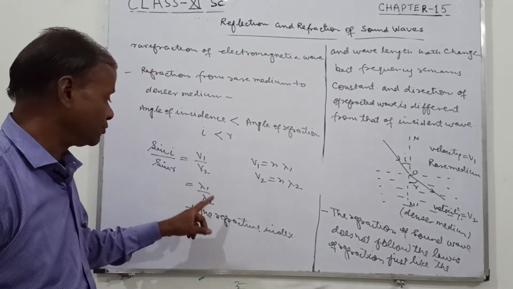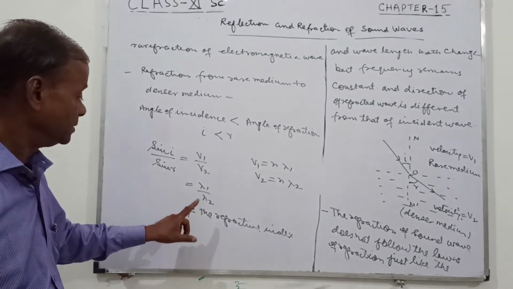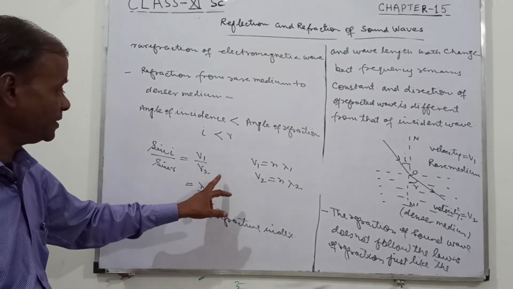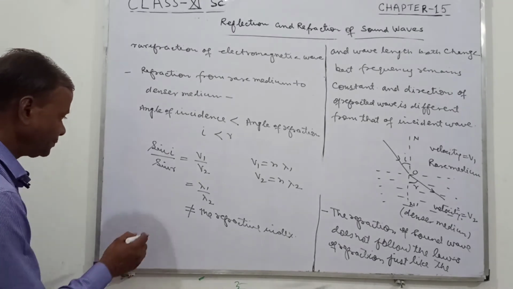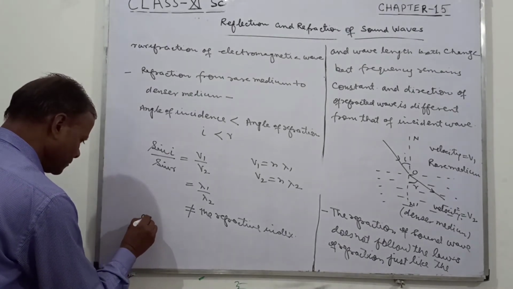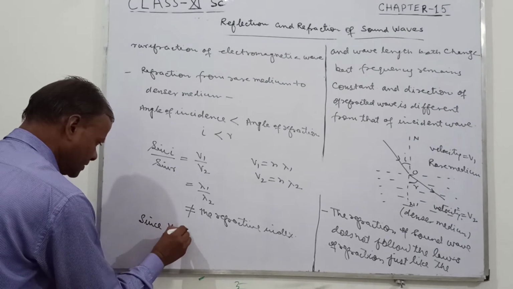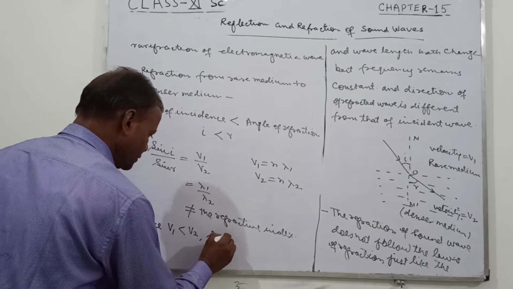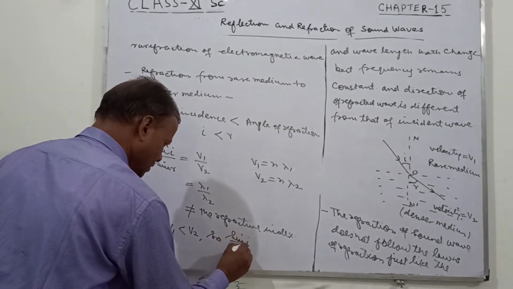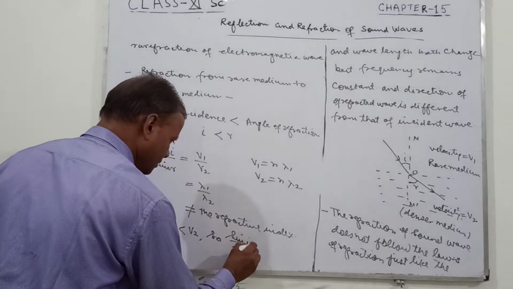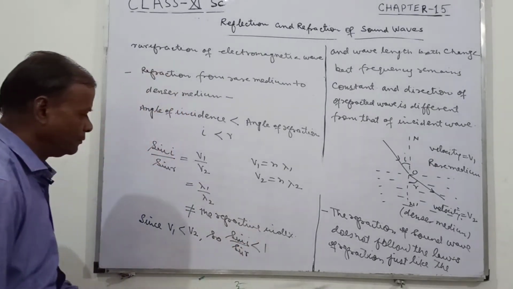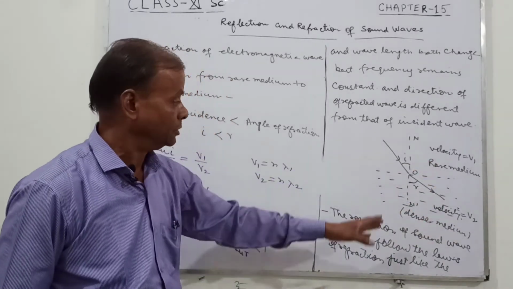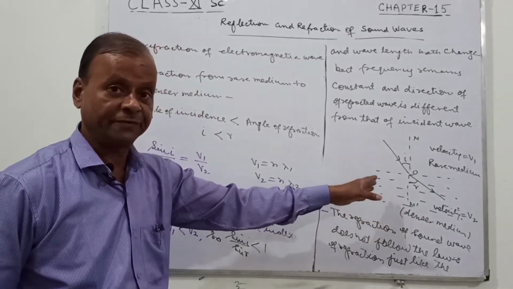Though this ratio remains constant, it is not the refractive index, because you can see that v1 is less than v2. Since v1 is less than v2, sin I upon sin R is less than 1, which is not possible, because this is a denser medium and this is a rare medium, so the refractive index must definitely be greater than 1.